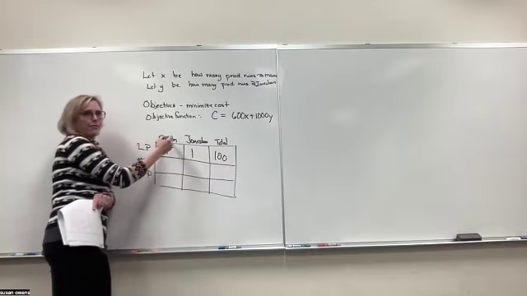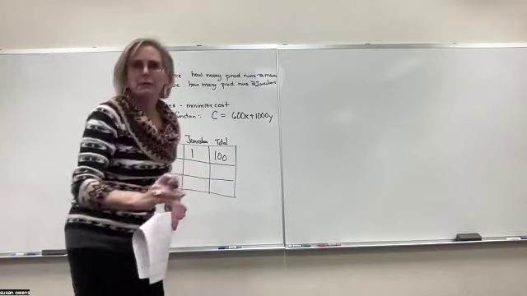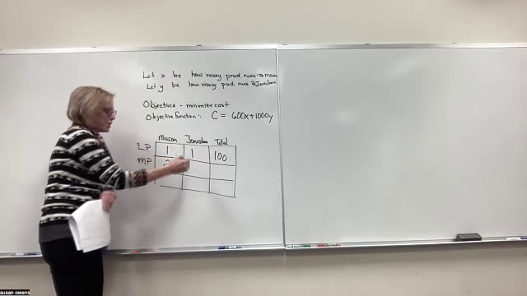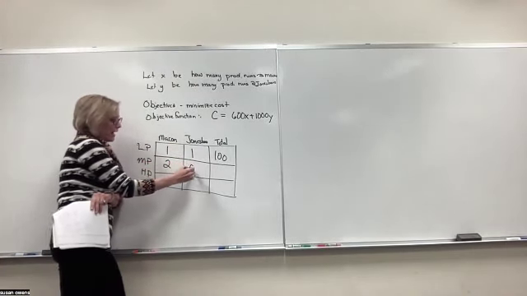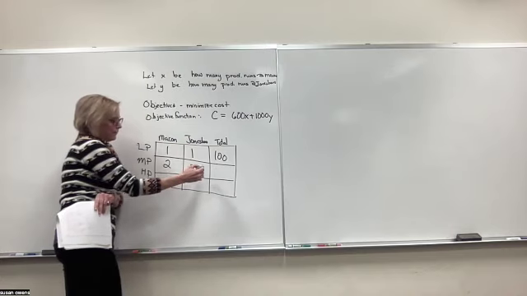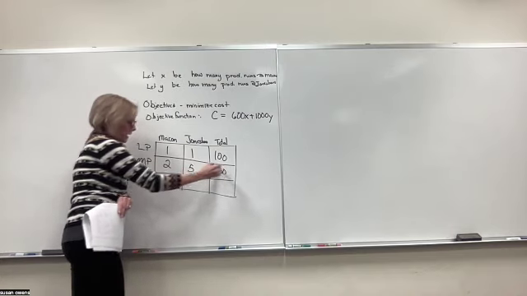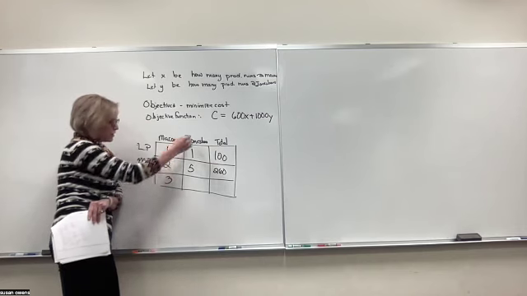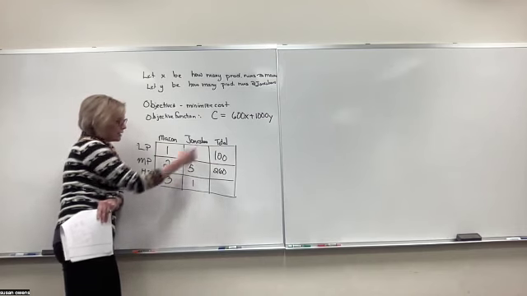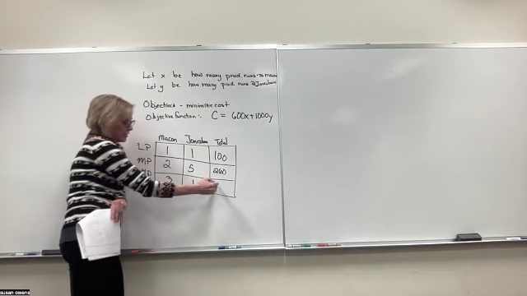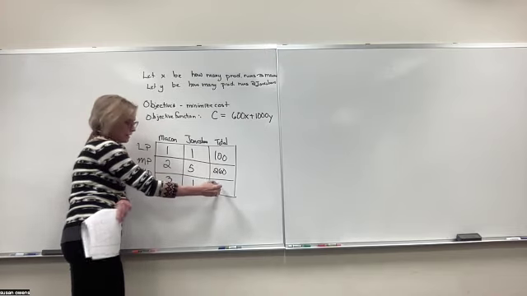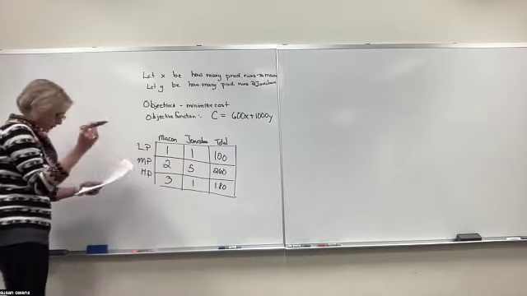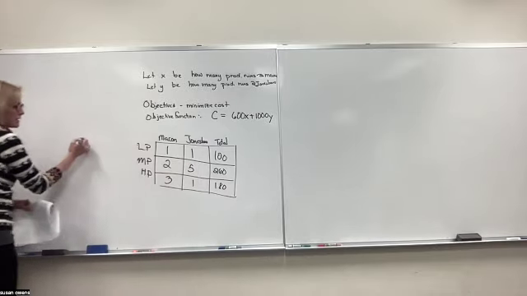Okay, what's the MP from the Macon? 2. The MP from the Jonesboro. 5. And what's the total? Good. Okay, and then HP Macon. HP Jonesboro. And total HP? 180? 180. Okay. All right, now, so from here we can write our inequalities.